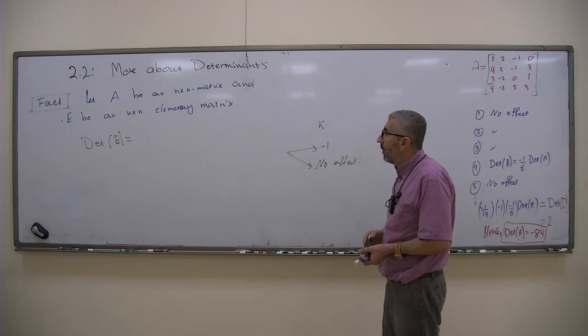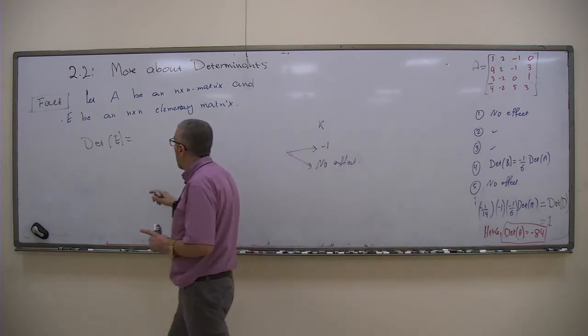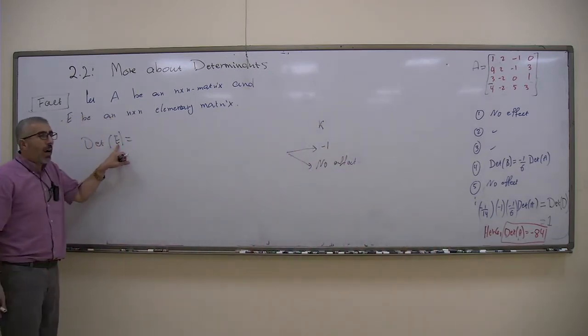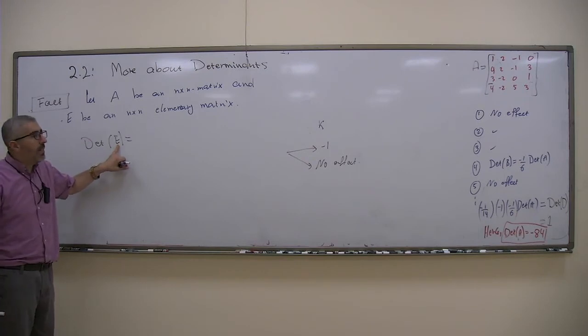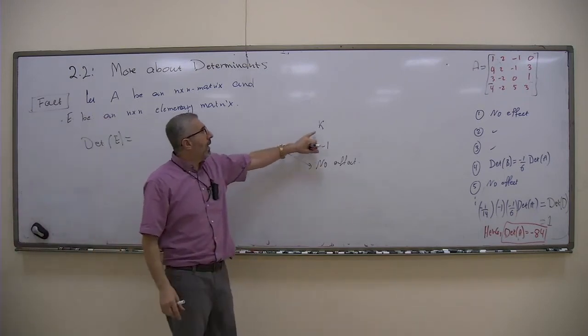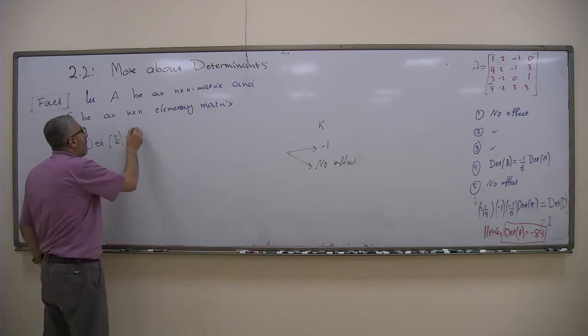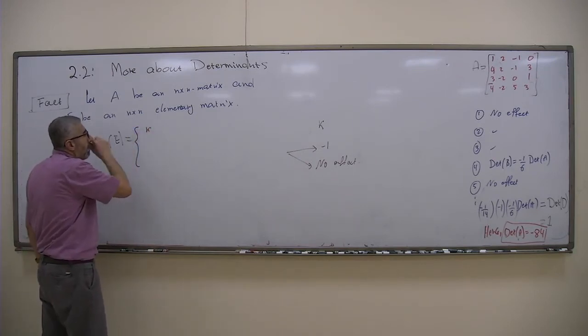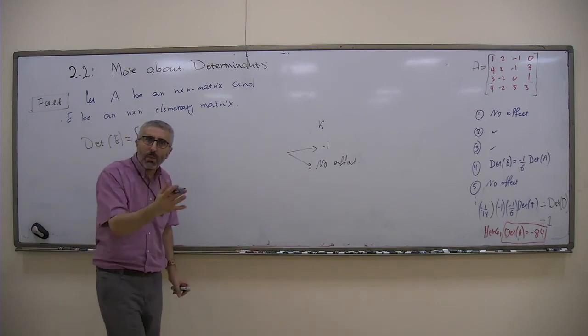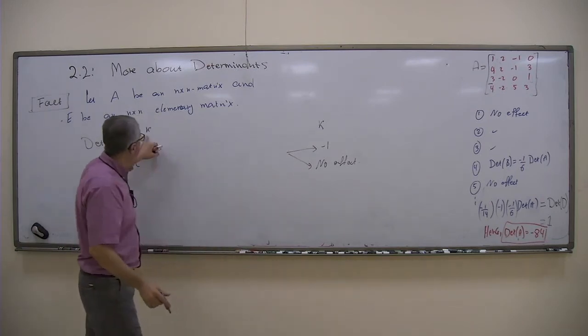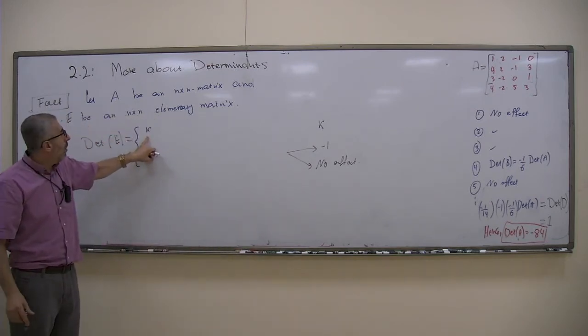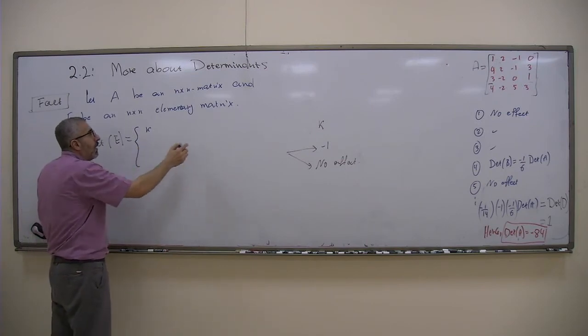So, in this case, it could be that you are getting E from the identity by multiplying a row by k. And in that case, the determinant will be just k multiplied by the determinant of the identity, which is 1. So this could be k. Or it could be -1.